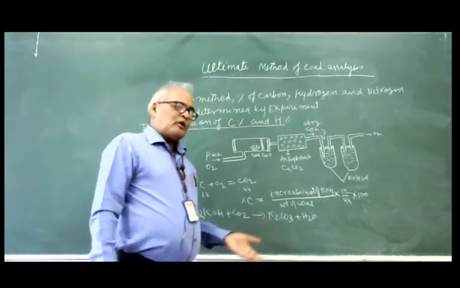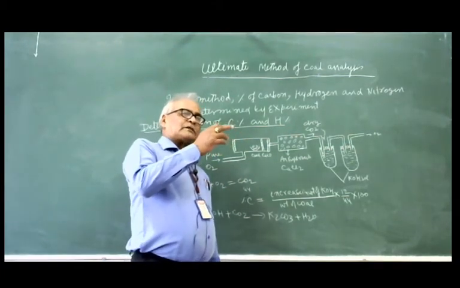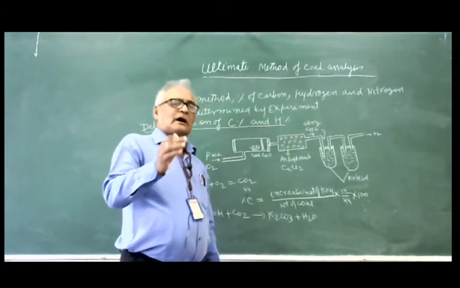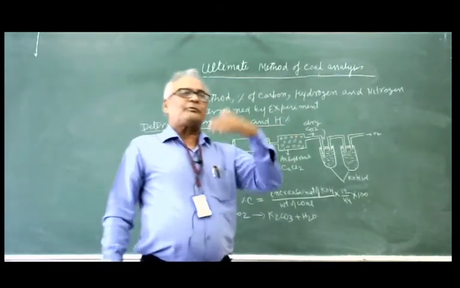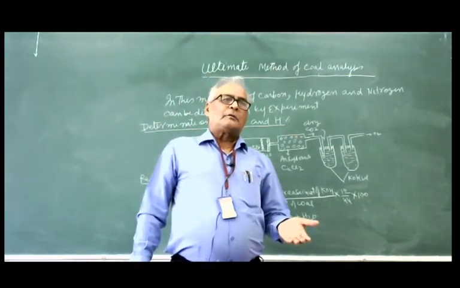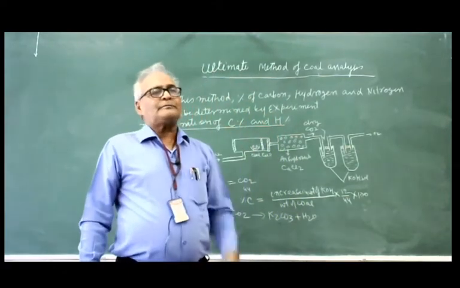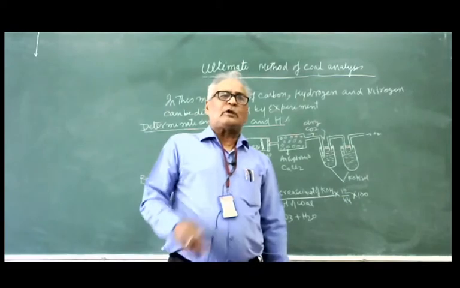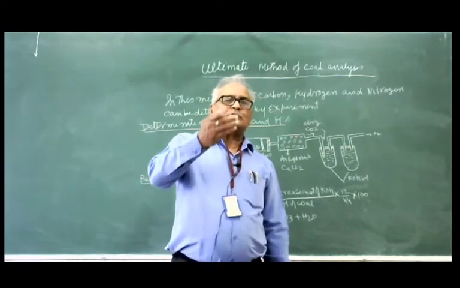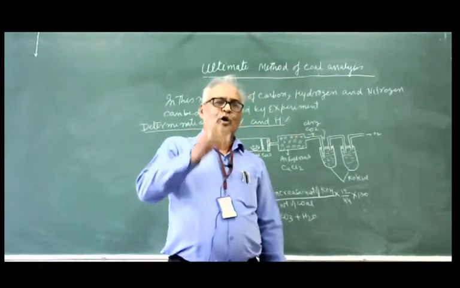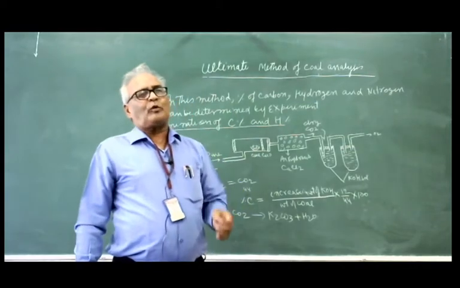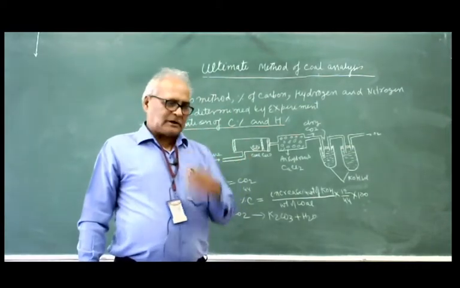In another way, you can say 44 gram of carbon dioxide will be formed from 12 gram of carbon. So 1 gram of carbon dioxide will be formed from 12 upon 44. So 12 upon 44 is the conversion factor.